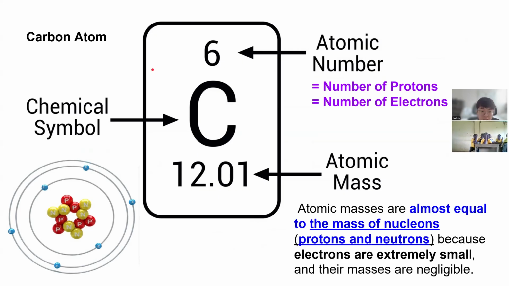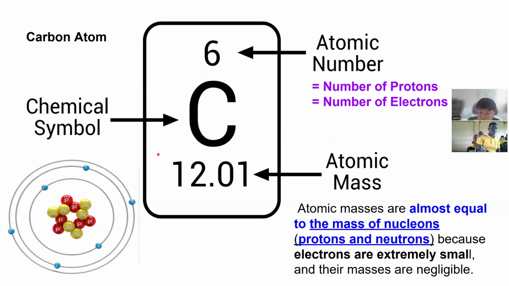And then how we can read from the periodic table. For example, we had a carbon atom, and over at the top, that is the atomic number, 6. That tells you the number of protons and the number of electrons. We have the chemical symbol in the middle and the atomic mass at the bottom.